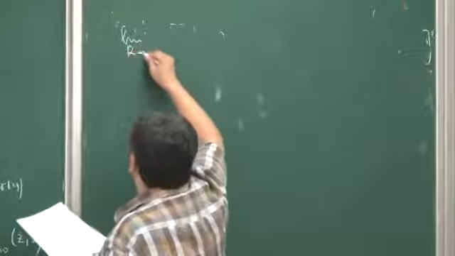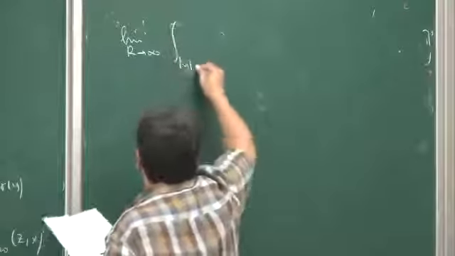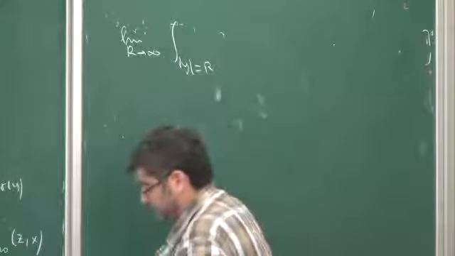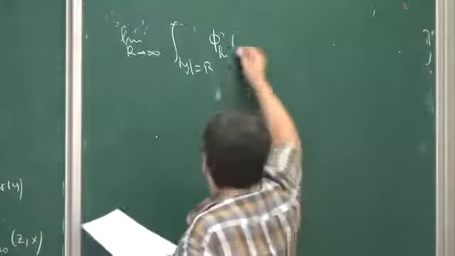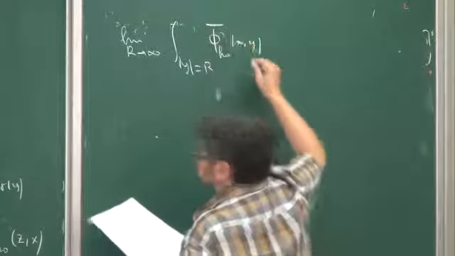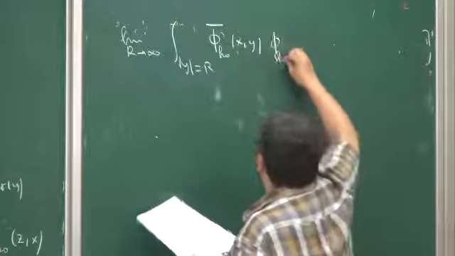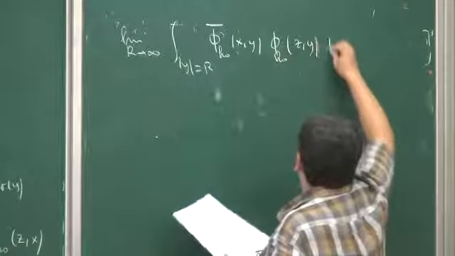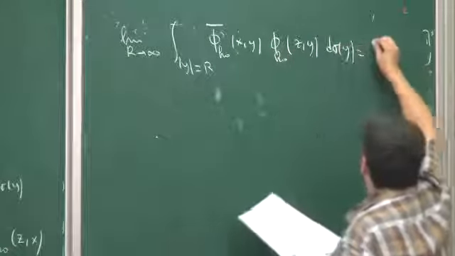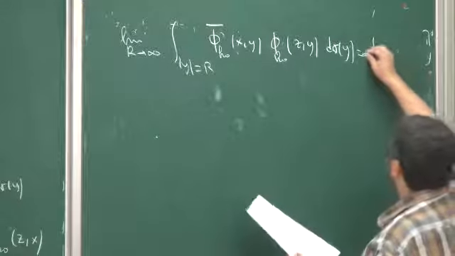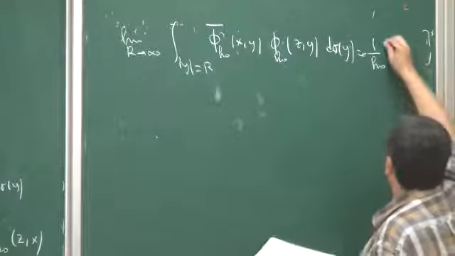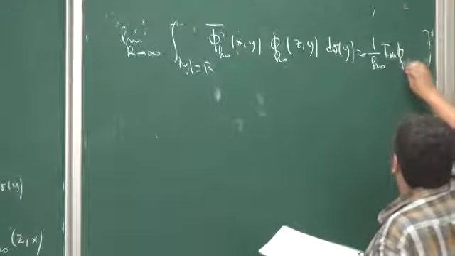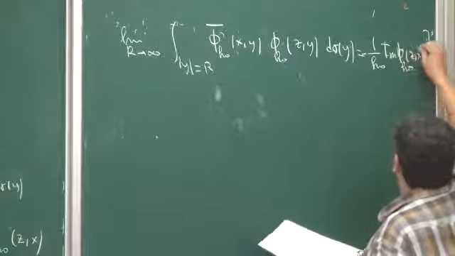We have the limit as r goes to infinity of the integral on |y| equal r of phi k0 of x and y complex conjugate times phi k0 of z and y, d sigma y, which is minus 1 over k0 times the imaginary part of phi k0 of z and x.